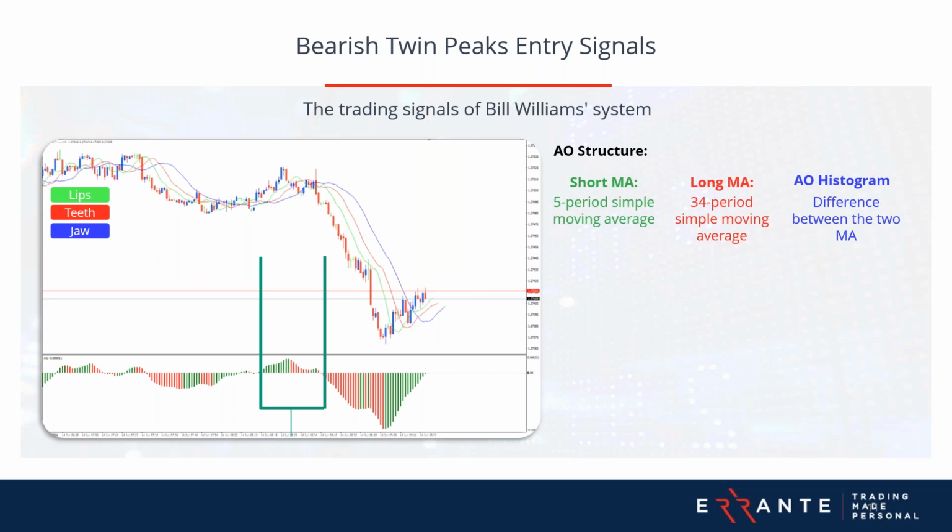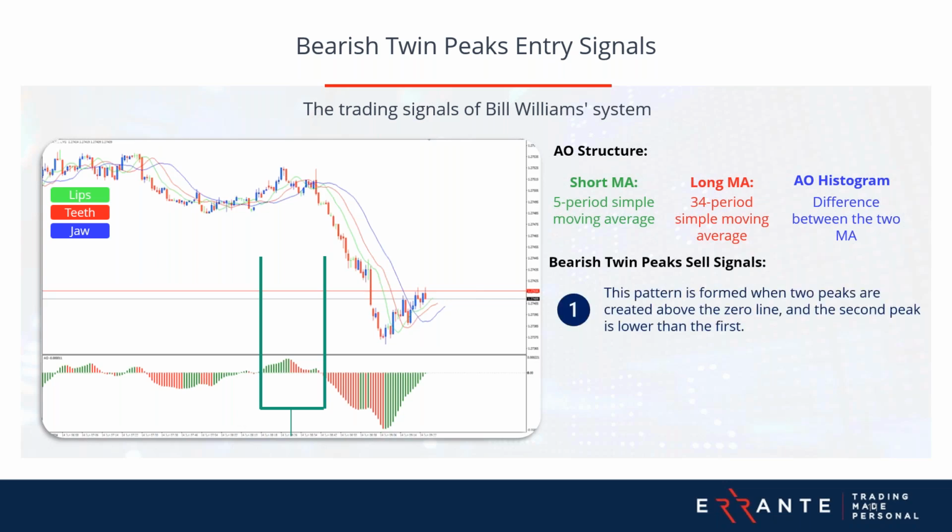We have the bearish twin peaks and the bullish twin peaks. Here, let's take a look at bearish twin peaks. The bearish twin peaks pattern is formed when two peaks appear above the zero line in the AO histogram, with the second peak being lower than the first, followed by a red bar.